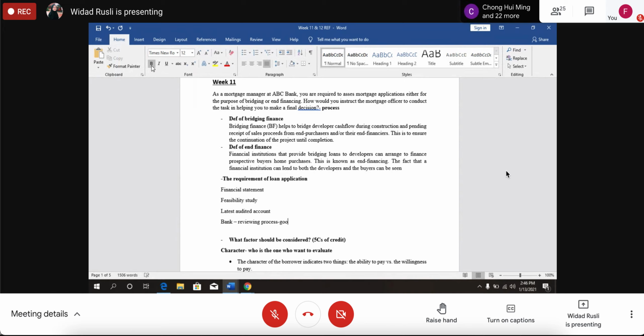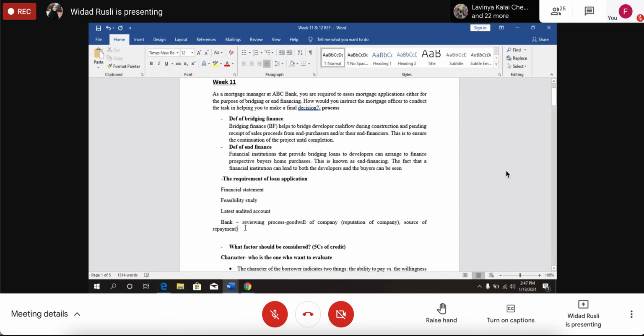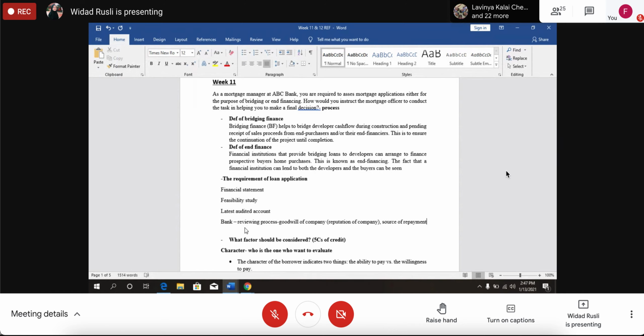So that's one factor. And then what other things do the banks normally review? Their source of repayment. Good cash flow or not. Yes. So the source of repayment, that's why our DCF, discounted cash flow, is very important in this case, and we come up with the net present value to show how good the market will be and what our expectation is in terms of selling.